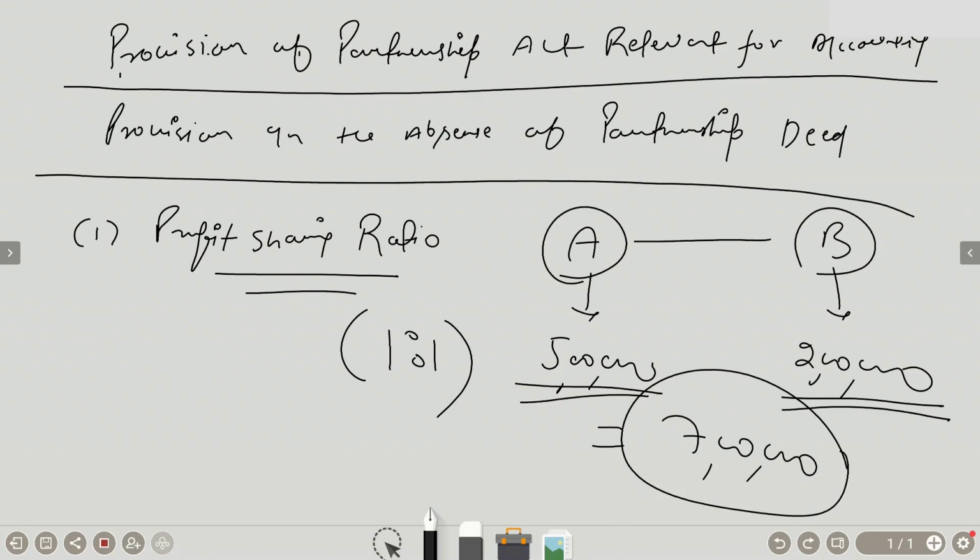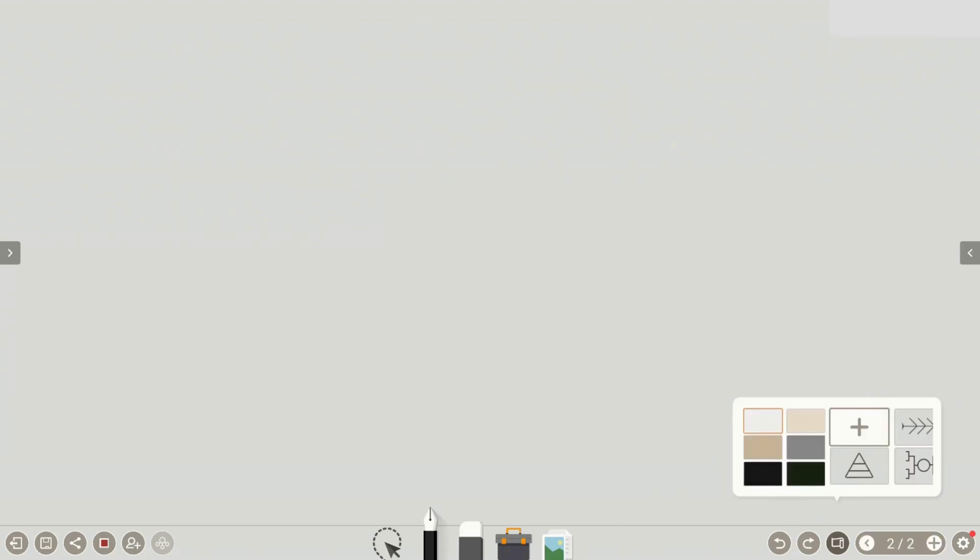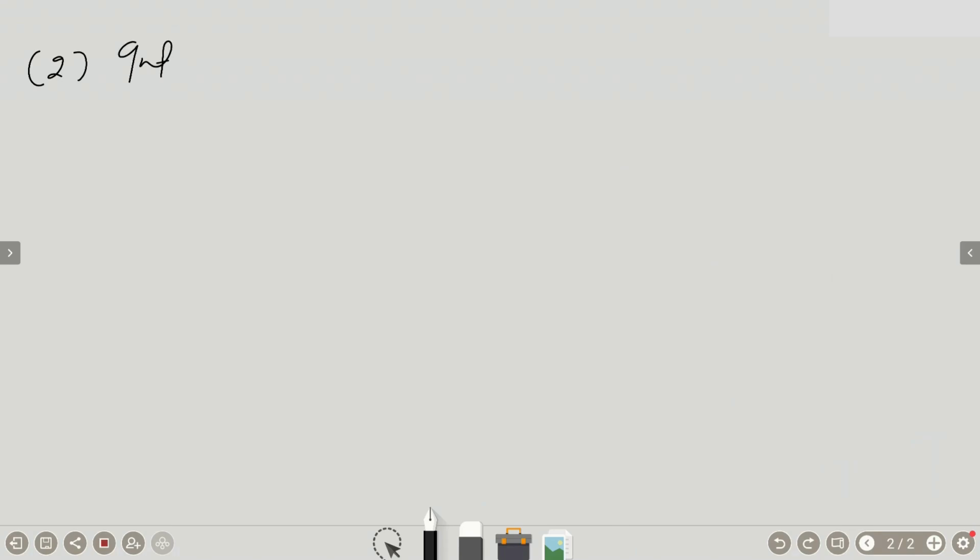Number 2 is interest on capital. The partners of the partnership firm do not have any right to claim interest on capital from the firm.